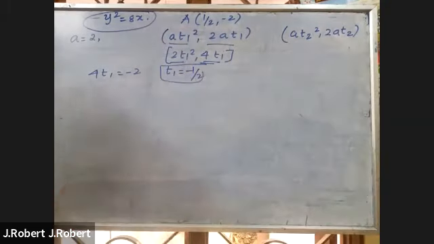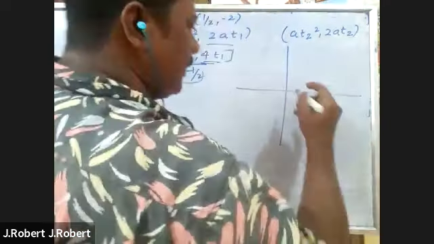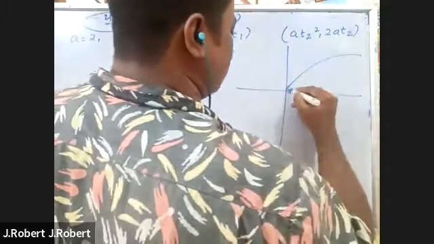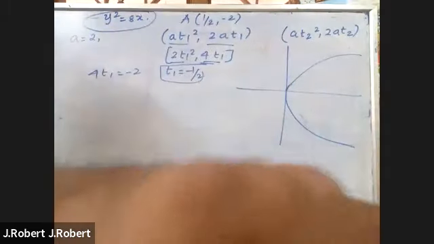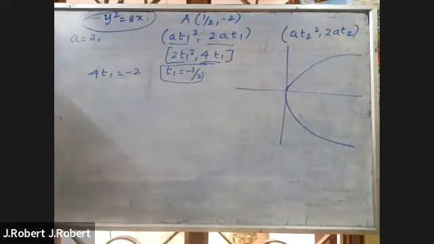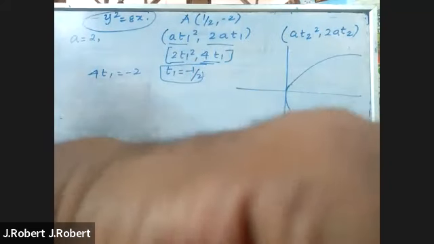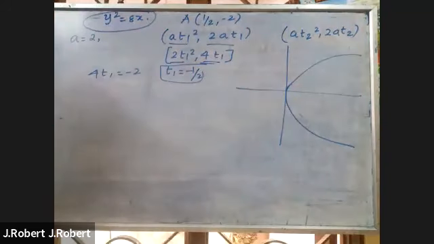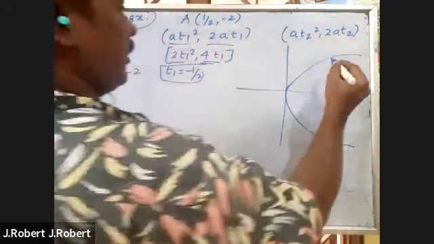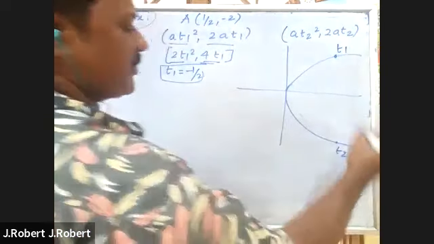Listen carefully. It is given that one end of a focal chord is the first point, t1, and the second point is t2.